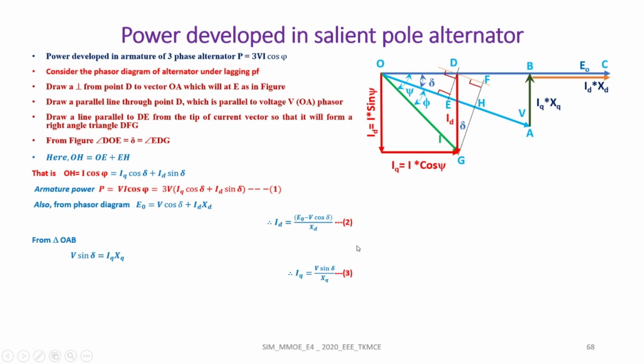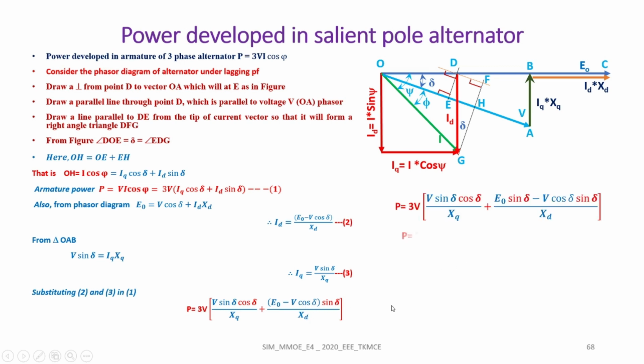Substituting equations 3 and 2 in equation number 1, we can obtain this expression for power as 3V into V sin delta cos delta divided by XQ plus E0 minus V cos delta sin delta divided by XD. Simplifying, we can obtain the expression for power as 3V E0 sin delta divided by XD plus V sin delta cos delta into 1 by SQ minus 1 by XD.